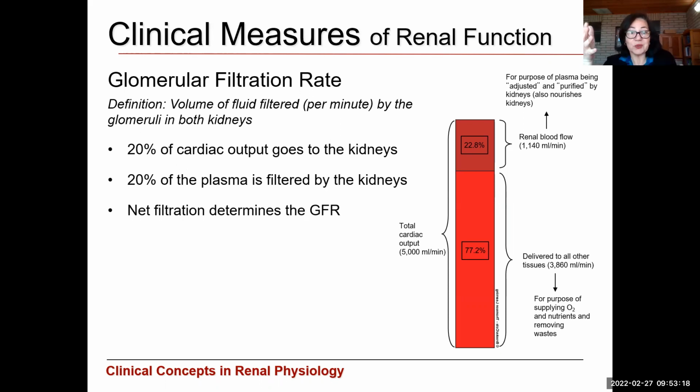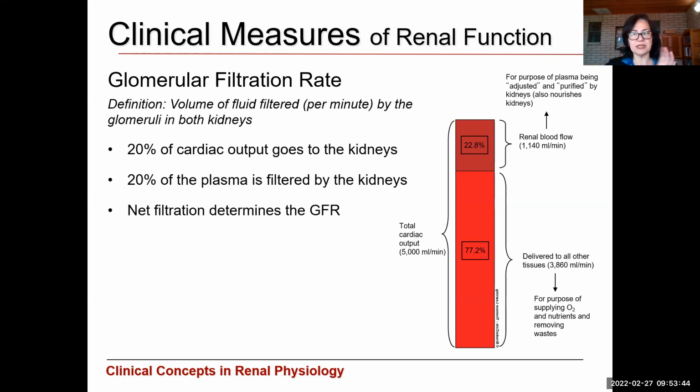And so what we do is try to approximate how much fluid is coming through all of the glomeruli put together. Because the definition of GFR, glomerular filtration rate, is the volume of fluid that's filtered per minute by all of these nephrons together.